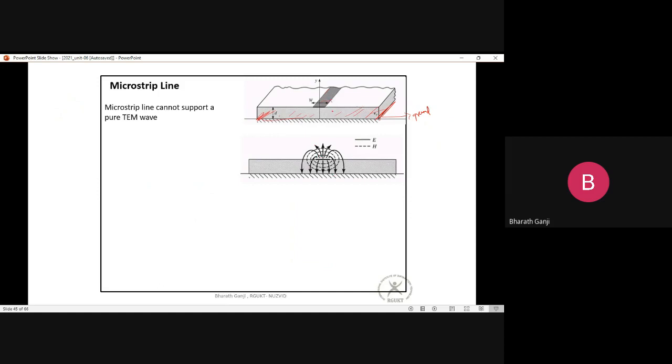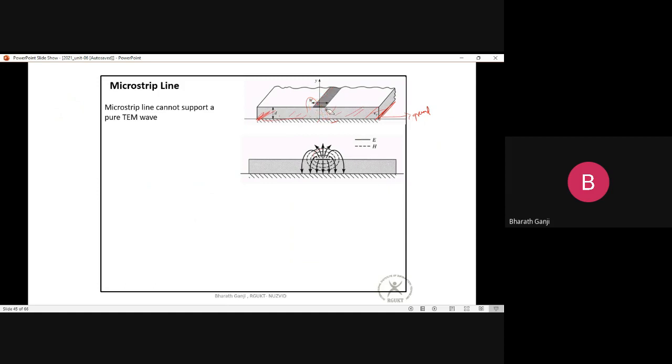Because there are two plates, positive and negative, you can assume the field lines go from positive to negative. And of course the magnetic field will be around the conductor because the current is going like this. The field lines will be going around the conductor.